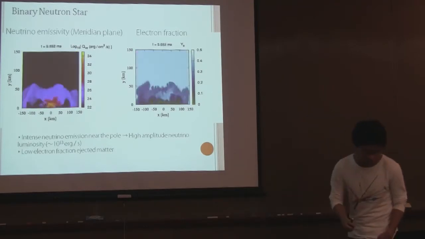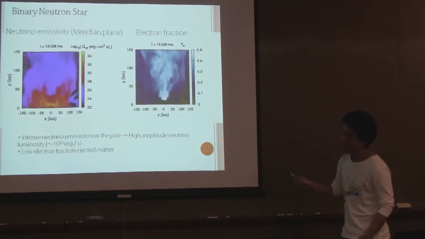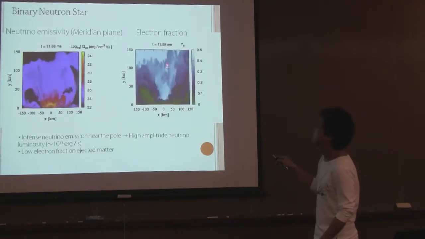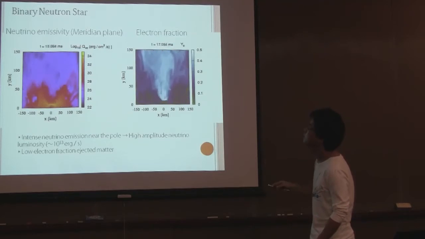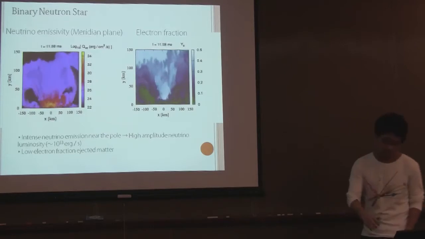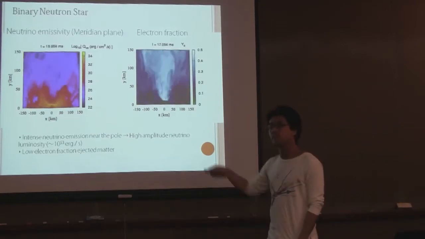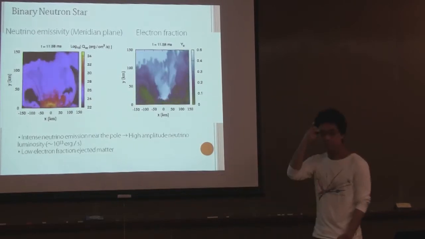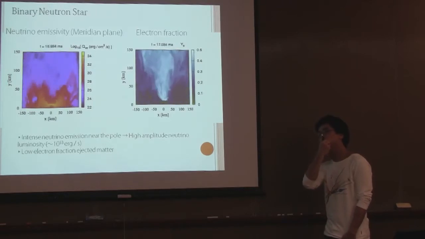Why is the electron fraction along the pole very high? Yeah, in the atmosphere we assume the electron fraction is 0.5, and the density is just very low. Okay. So the neutrino emission is not very beamed, it's more isotropic. Actually, I can't tell, it looks more along the equator than the poles that the neutrino is emitted.